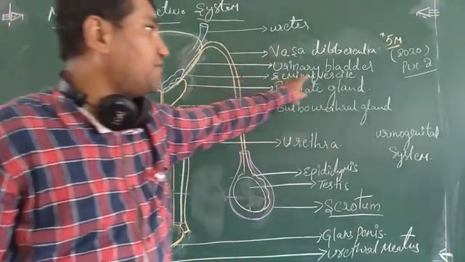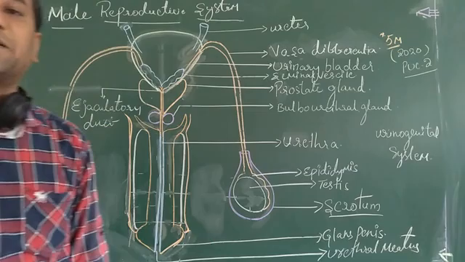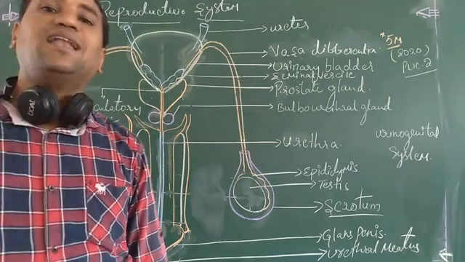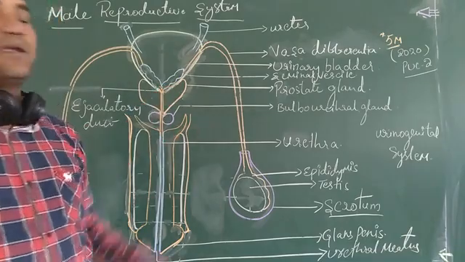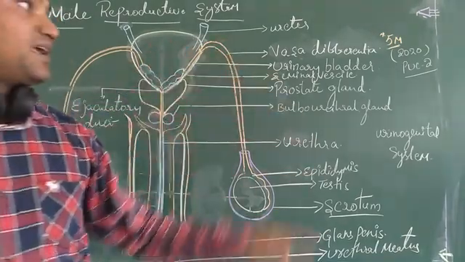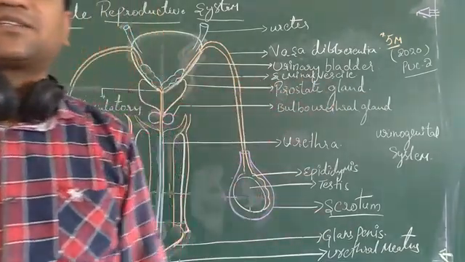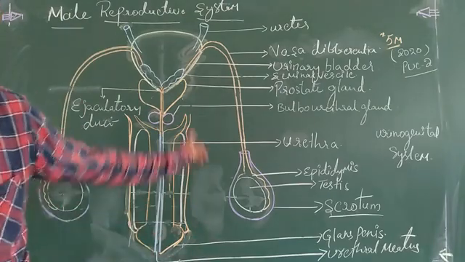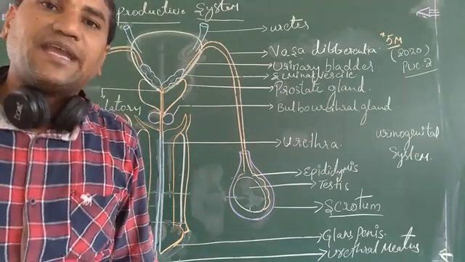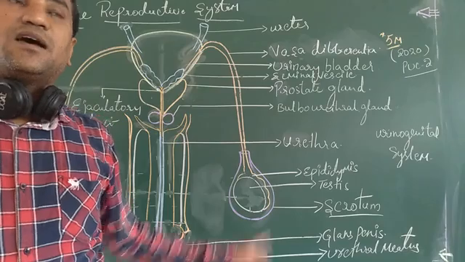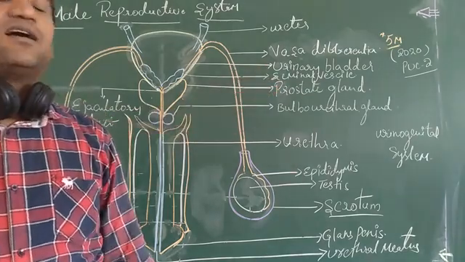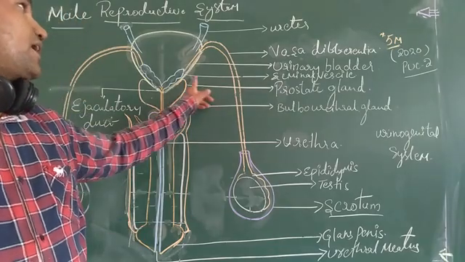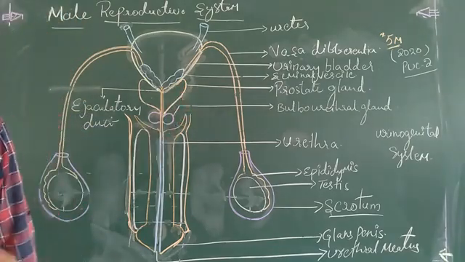These seminal vesicles are responsible for the storage of sperms till ejaculation. And you can see that the ducts coming from the seminal vesicles are called spermatic ducts or seminal ducts. And these connect to the urethra.